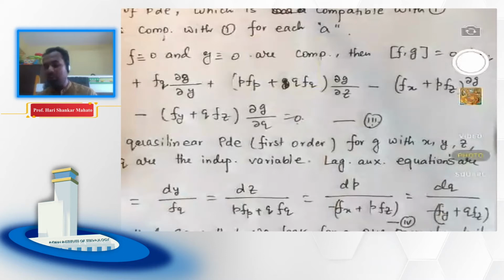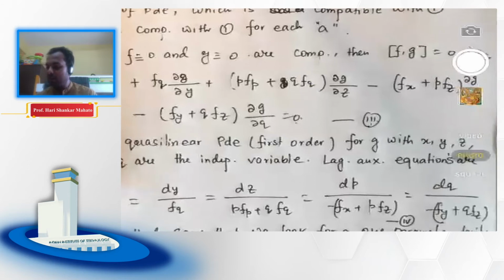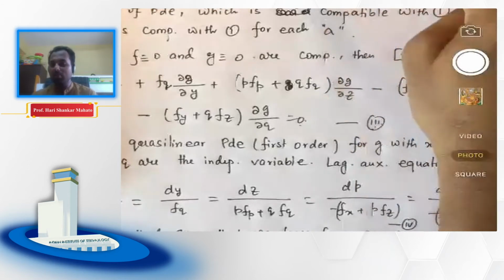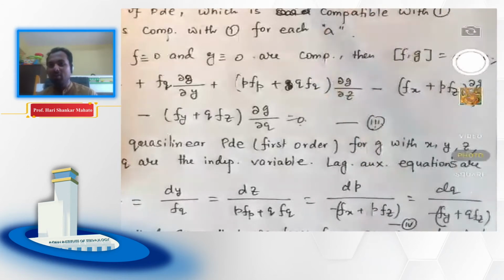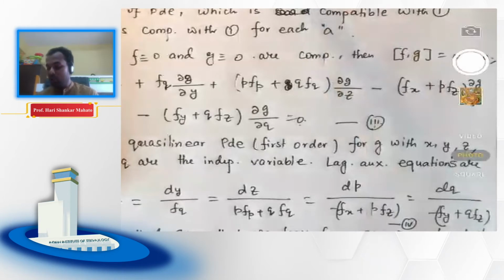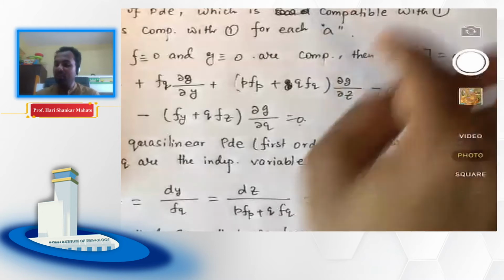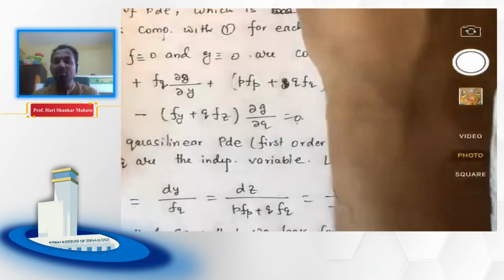So if I write dz equals P dx plus Q dy, and given the fact that 1 and 2 are compatible, this dz will be a common solution. That means whatever z you will get from here will be a common solution. So the z that will be obtained from here will satisfy equation number 2 as well as equation number 1.